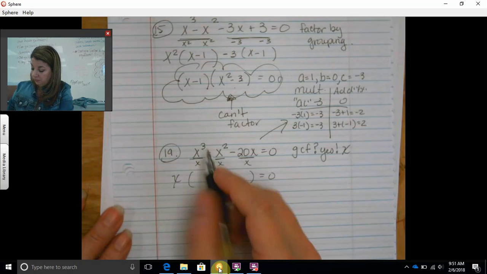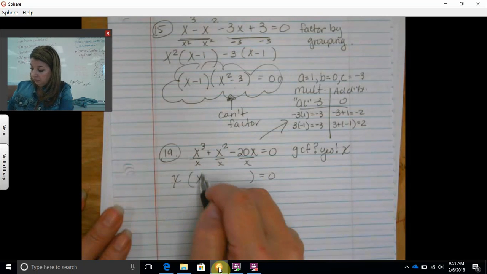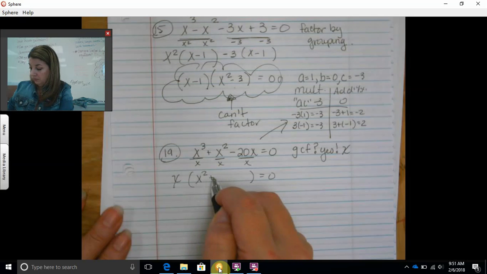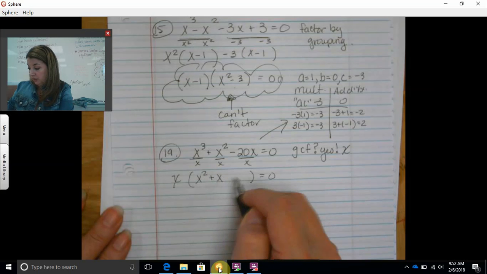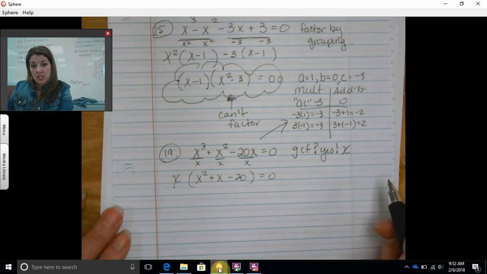What's left? Plus 1 x, or just plus x, minus 20. So inside parentheses, we have a quadratic.